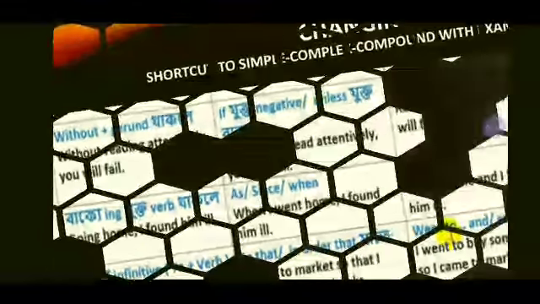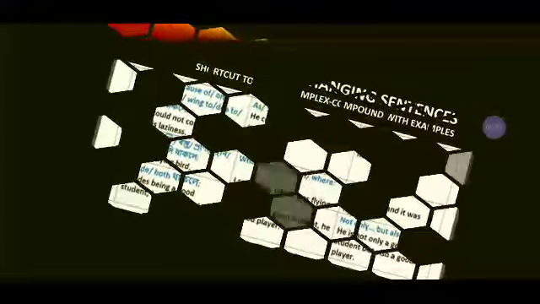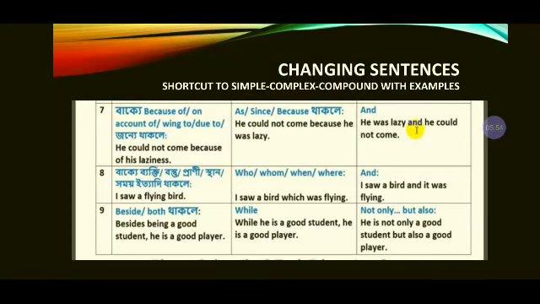Number 7, in the simple sentence, you see because of, on account of, owing to, due to, etc. And in the compound as, since, because. It shows the cause and effect, reason and result.